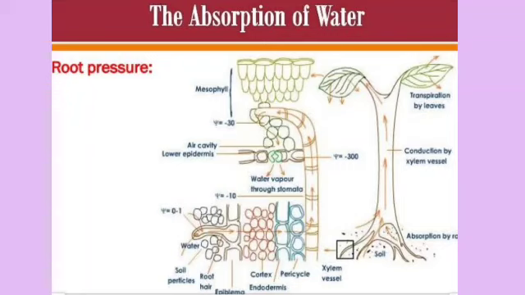Once the water enters the cell, it becomes turgid, means tight. It exerts a pressure on the adjacent cell and this is called root pressure. Under the effect of this pressure, water and minerals reach the xylem of the root and, to reduce these differences in concentration, they are continuously pushed forward.